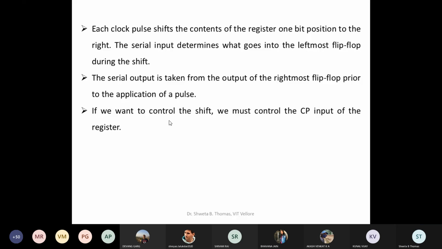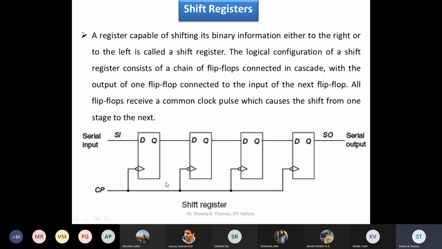I showed you. The serial input determines what goes into the leftmost flip flop during the shift. The serial output is taken from the output of the rightmost flip flop prior to the application of the pulse. If we want to control the shift, we must control the CP input of the register. So this is only one shift register.